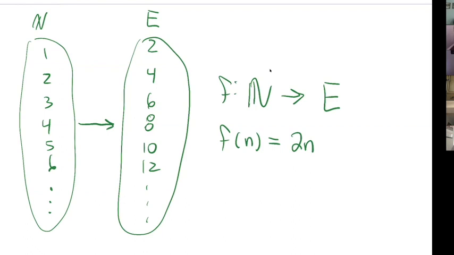And we would just want to verify that this is indeed a bijection. So we'd want to verify that if M and N are not equal to each other, then 2M is not equal to 2N. That's pretty quick there, as well as we'd want to verify that for any element in E, there is some element in N that maps to it. Yes, just pick 1/2 of whatever the element in E is, and that's the element that will map to it. So here you could certainly prove that this is bijective.